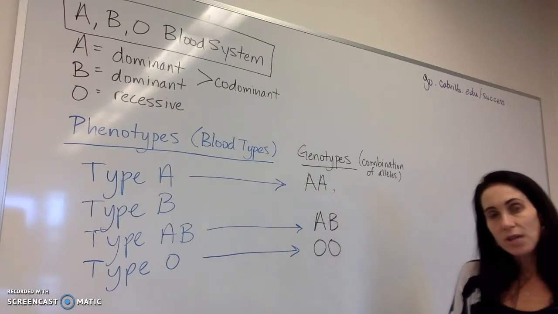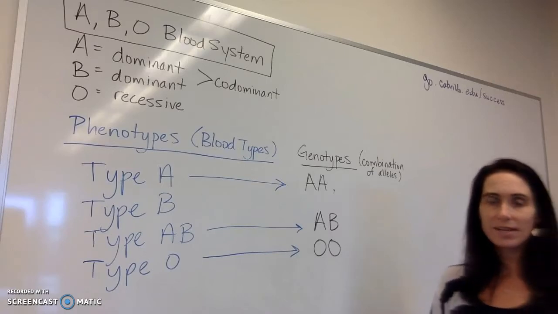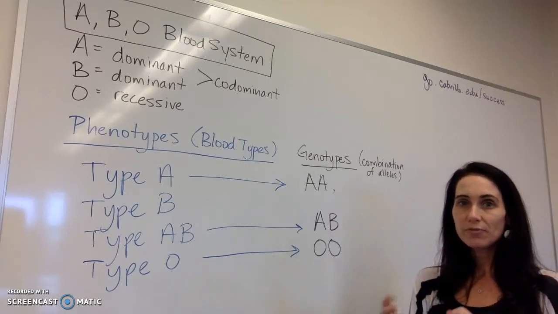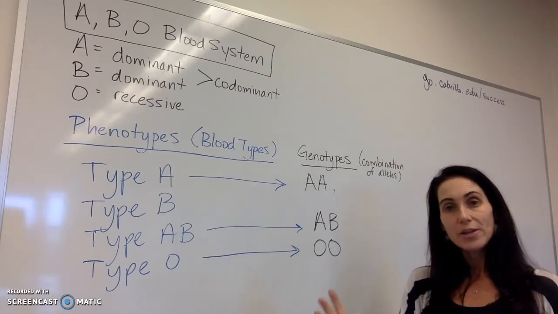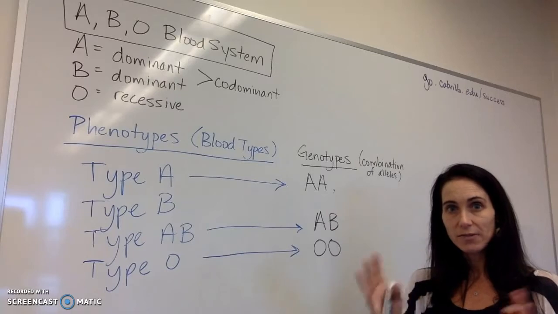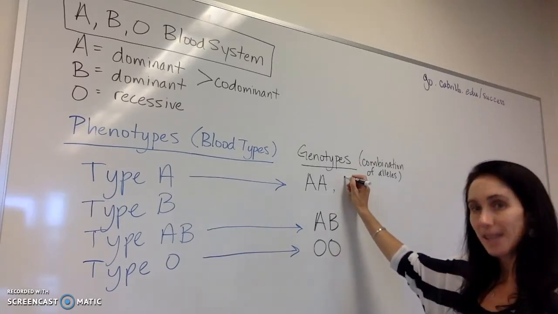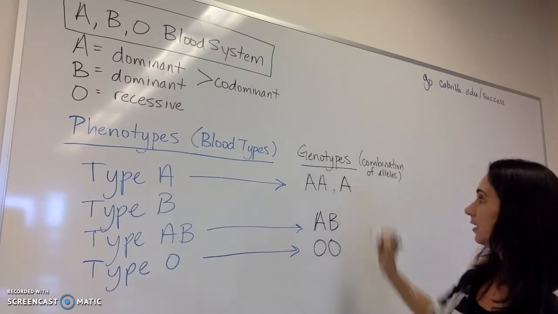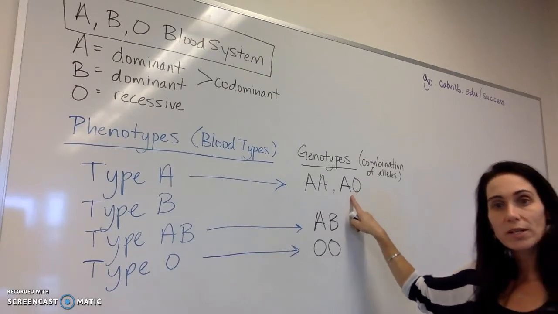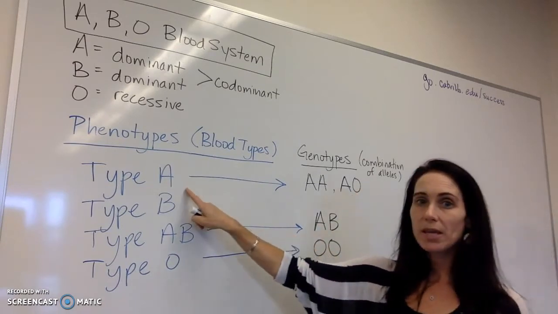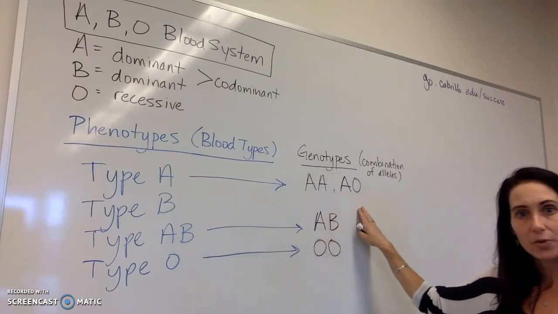The other genotype that produces type A blood is heterozygous dominant. And that means two different alleles, non-matching alleles, or a dominant and a recessive. That's what heterozygous means, different. One dominant, one recessive. So that's going to give us a dominant A with the recessive O. And of course, because we've got one dominant, it's going to show up in the phenotype, in the blood type, and cancel out that O.